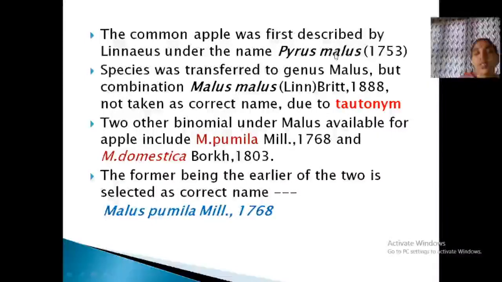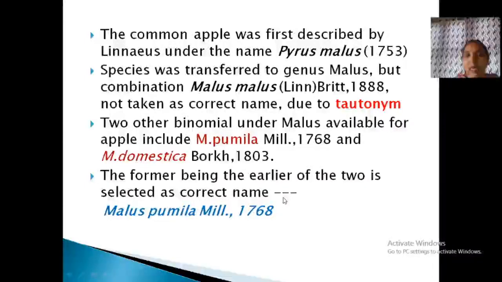Actually Malus malus had to be retained, but the problem is that the generic name Pyrus changed into Malus, so Malus malus is a tautonym and it is not able to be retained. At the same time there are two other names for apple, Malus pumila and Malus domestica, from which the first published one is Malus pumila. So the name of the apple is Malus pumila, 1768.